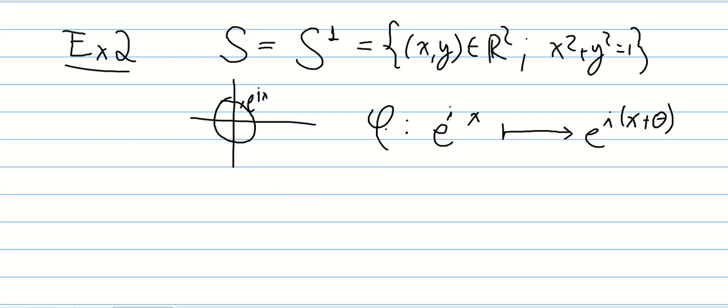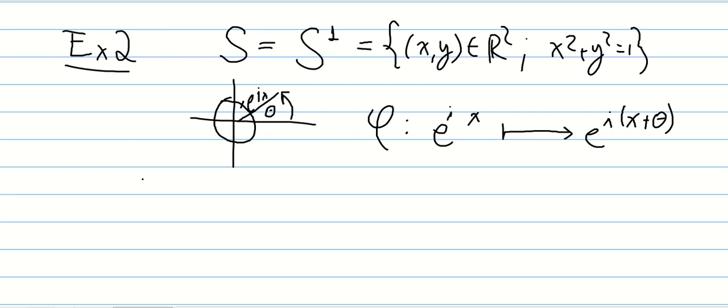So what is this function here, this dynamical system? It's rotating the circle by an angle of theta. This is what this application is going to perform. It's going to rotate every point by an angle of theta.